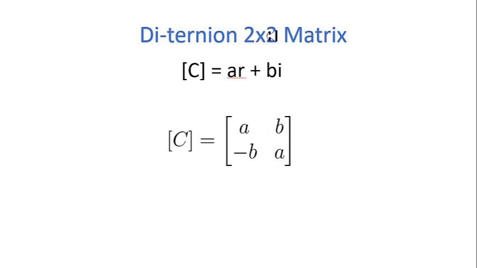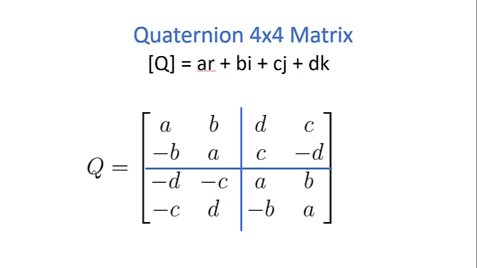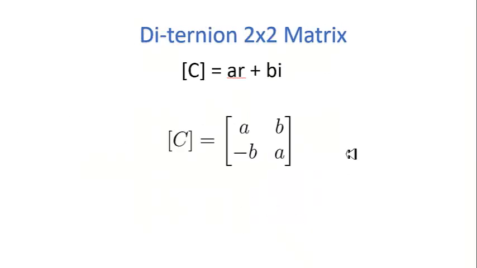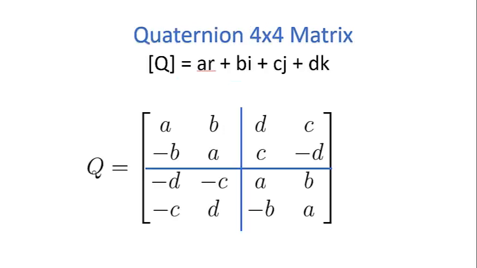It is a 2 by 2 matrix, and it is of this form. Okay, the quaternion is a 4 by 4 matrix, and it contains the complex numbers in the forward diagonal and the backward diagonal, only these ones are rotated by minus 90 degrees.